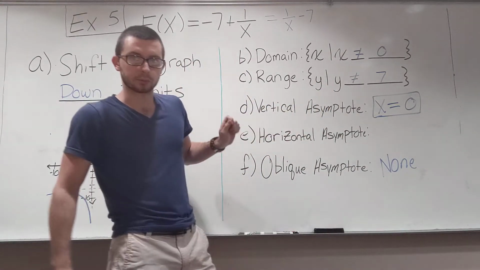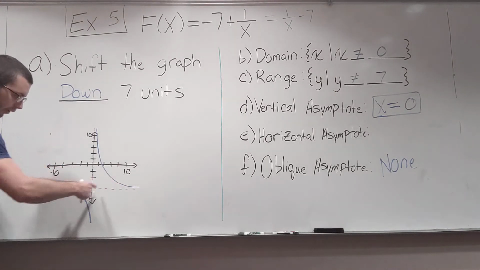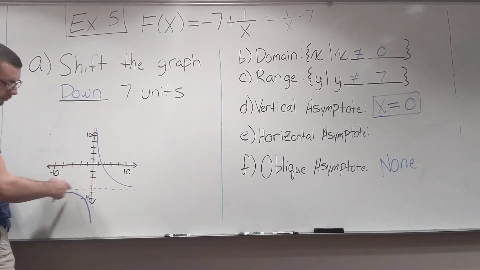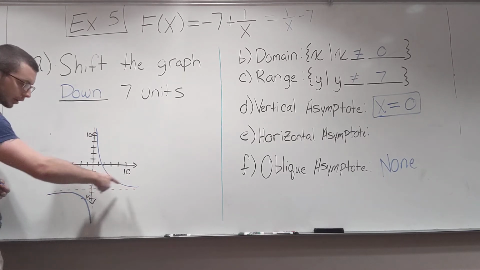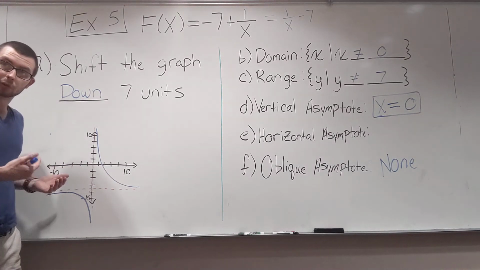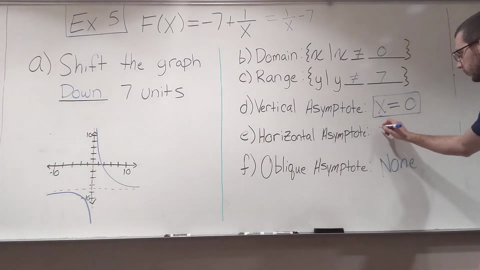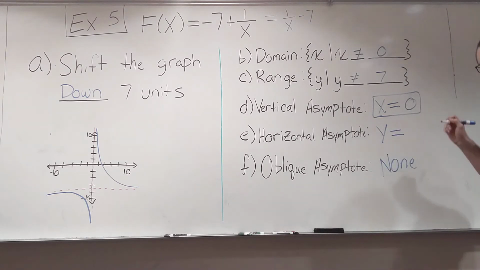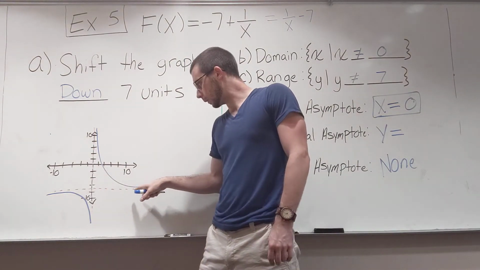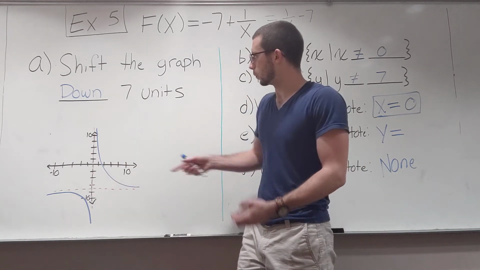And the horizontal asymptote is the horizontal dotted line, which is precisely this one. It wants us to characterize as an equation the representation of this horizontal dotted line. In particular, the horizontal asymptote and the range are very much related. So the equation will start off as y is equal to, and it's just a matter of seeing where the dotted line goes through. And we notice that it goes through -7, which again makes sense because we went down 7.